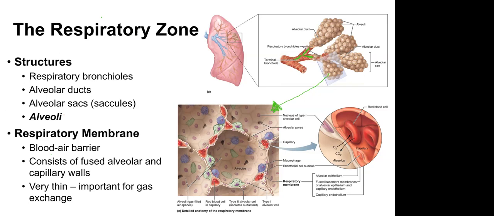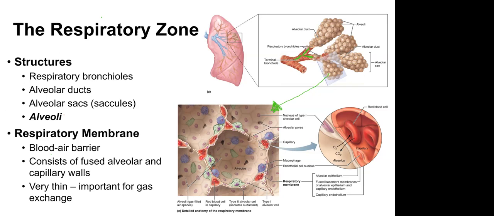Okay. So when we look inside of them, what we find is what's going to be called the respiratory membrane, and that's going to be this outer lining. So this is our blood to air barrier. And basically what we have is this fused alveolar wall with this fused capillary wall.